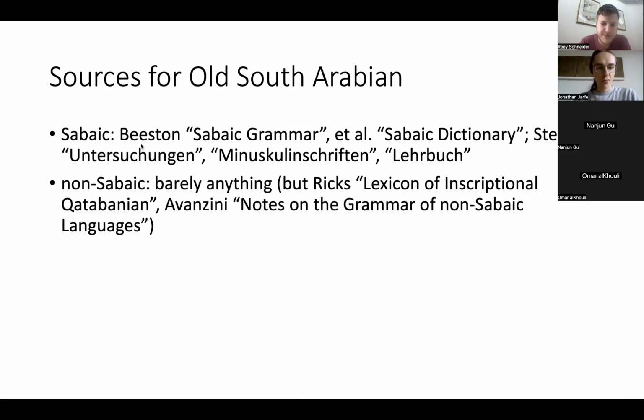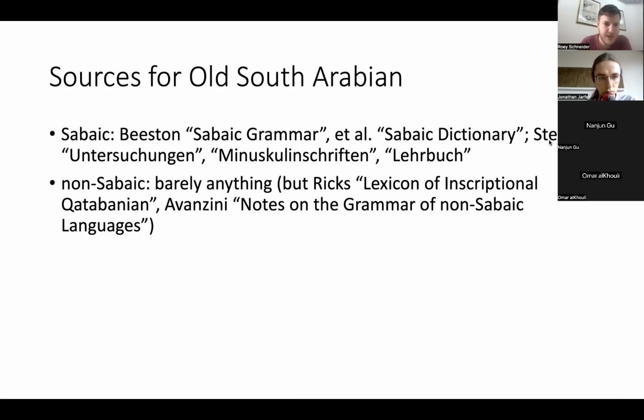So Beeston has Sabaic grammar, which also has an appendix with some grammatical notes on non-Sabaic Old South Arabian languages, and also Sabaic dictionary, which is, as I said, a little bit obsolete considering the German online one from Jena.